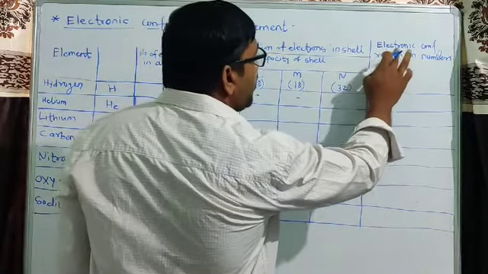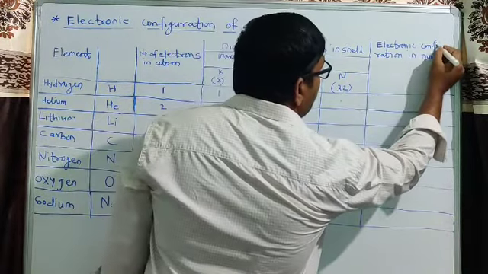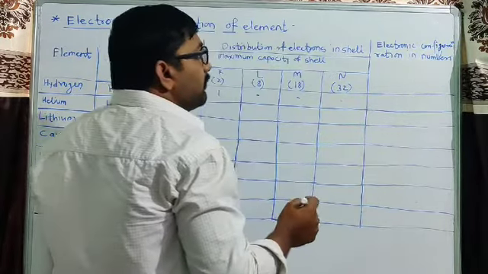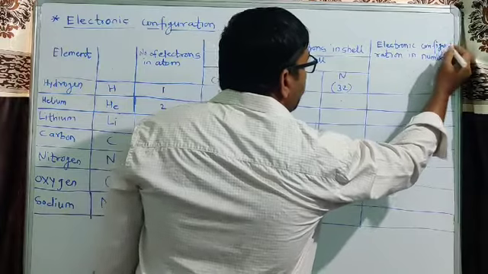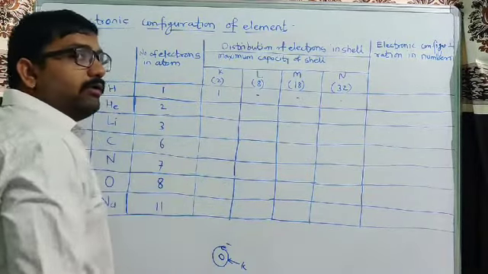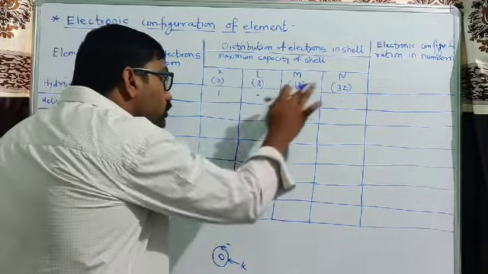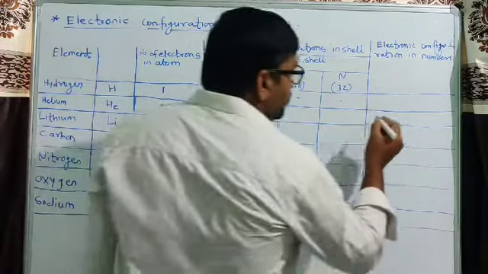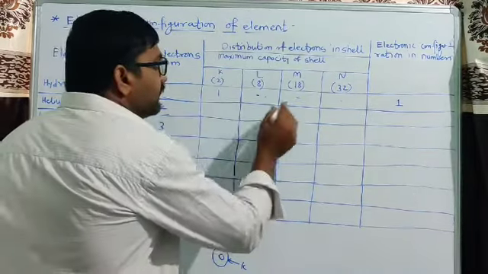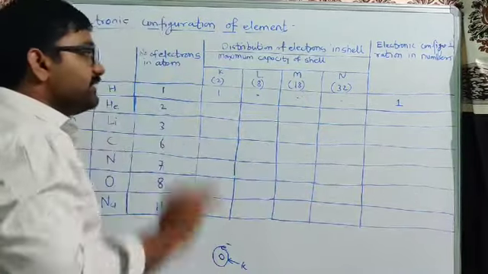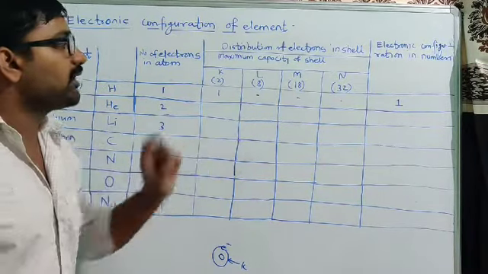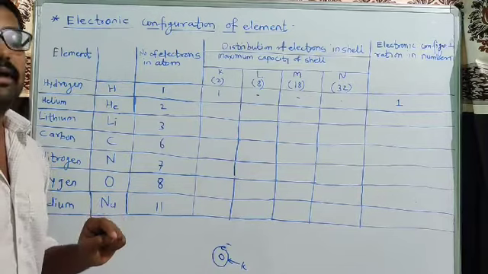Now the electronic configuration in numbers: we have to write those numbers shell-wise. First of all we write the number for the K shell, and there is nothing in the L, M and N shells, so we don't have to write anything there if no electrons are present.